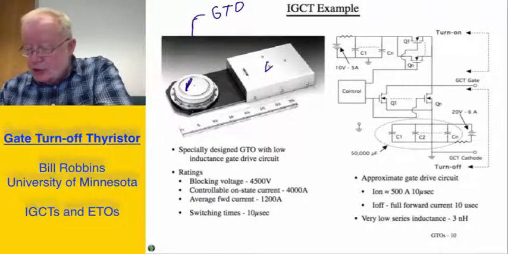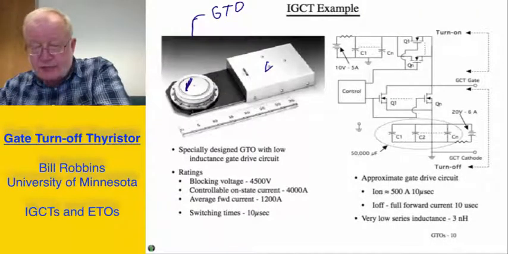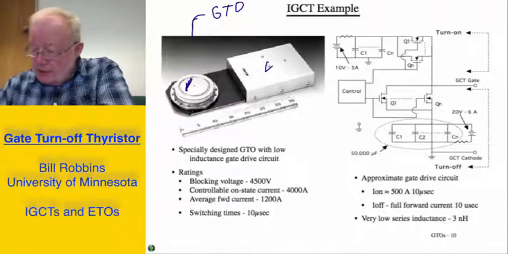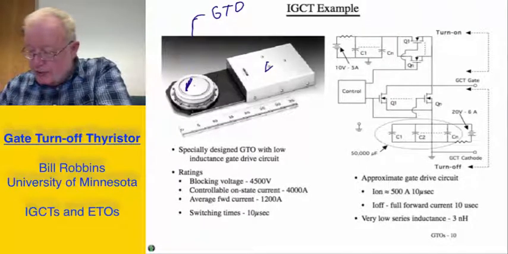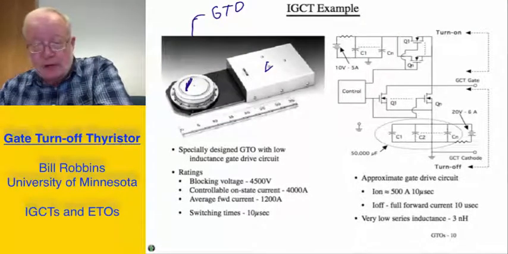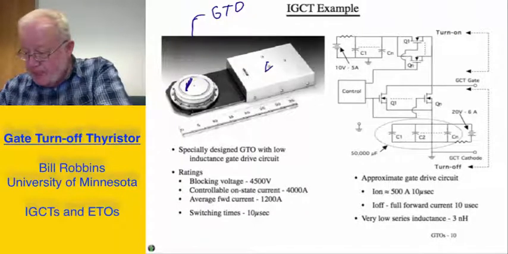On the right, I show the approximate drive circuit. There are two main sections, the turn-on section in the upper part, and the lower part is the turn-off section. In particular, shown here with a circle around it, is a very large capacitor bank for providing the large negative gate currents on a transient basis. In this particular example, it's about 50,000 microfarads.